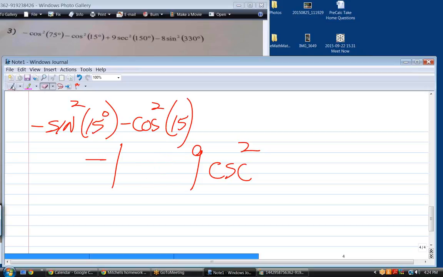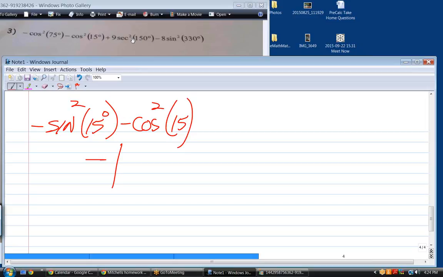Well, let's do this step by step so I don't confuse you. First of all, I can't convert it using the 90 degrees minus theta. First of all, I have to turn it into its equivalent first quadrant angle, which is secant squared of 30, but I've got to change the sign because secant is negative in the second quadrant.